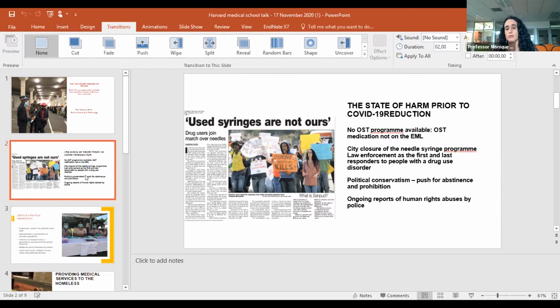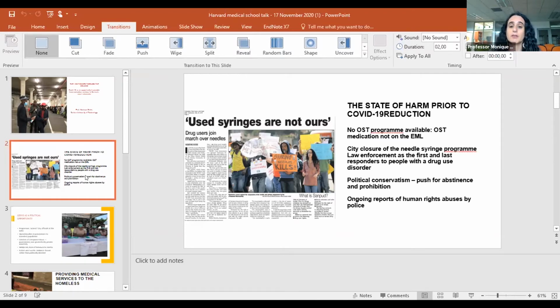In addition to that, what had happened two and a half years prior to COVID lockdown was the closure of the one needle syringe program. And when I say one, it was organized by a civil society grouping, an NGO, that was closed. That meant that many people who were injectors were not able to access clean needles and syringes, with obviously a huge onward transmission of HIV and hepatitis.